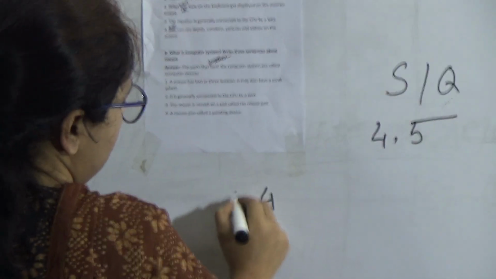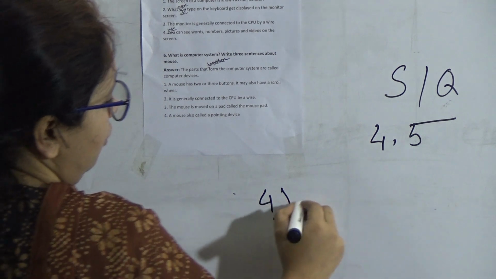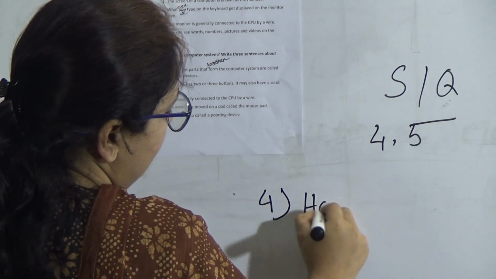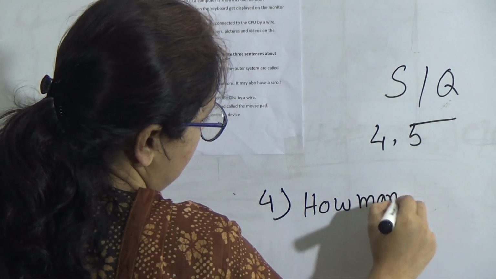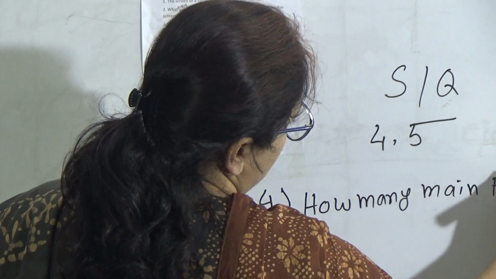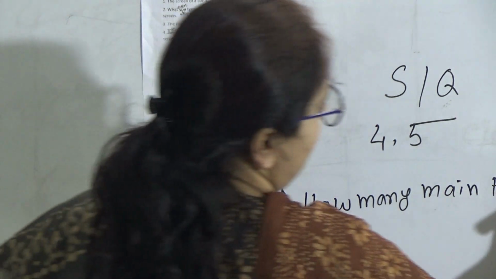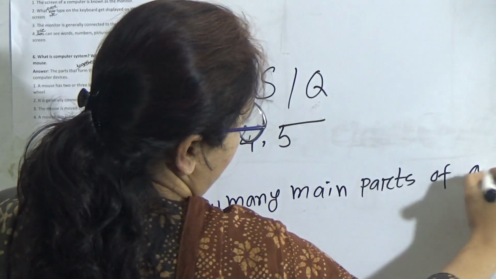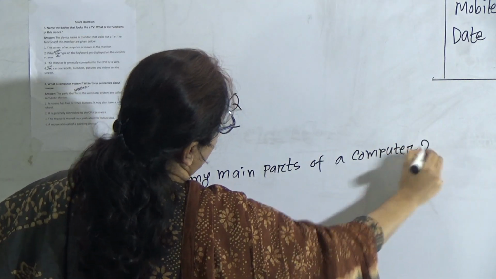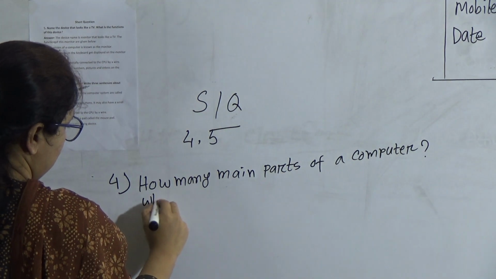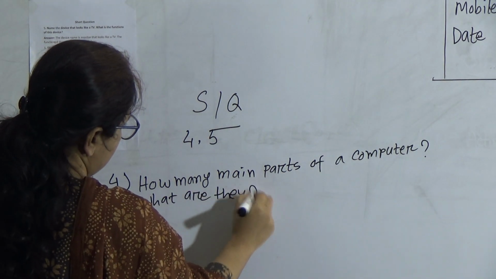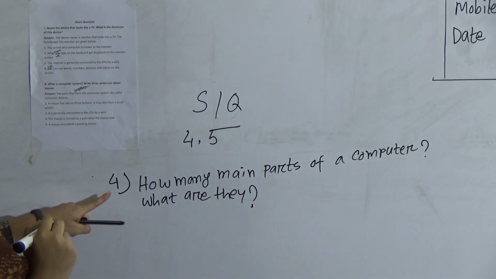Short question 4: how many main parts of a computer, what are they? That is your question number 4.